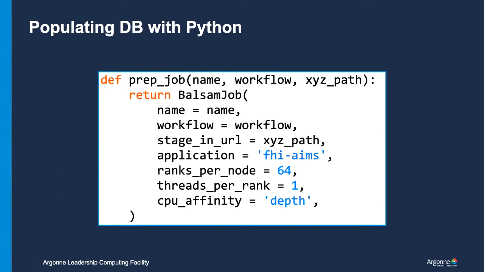So this is an XYZ file that is going to get copied into our working directory for an FHI-aims calculation. We want this to run on 64 ranks and a single node. So the number of nodes defaults to 1, so we're just setting the latter parameter here to 64. And we want to use the cc depth option of aprun to bind one thread to each processing element on the node. And that's achievable here with these last two flags.